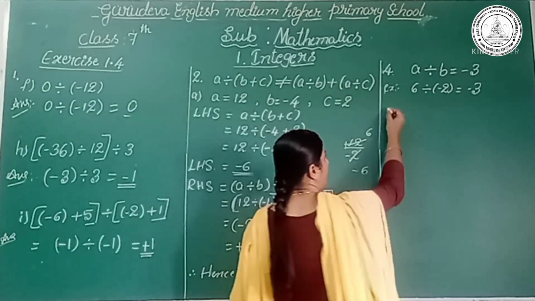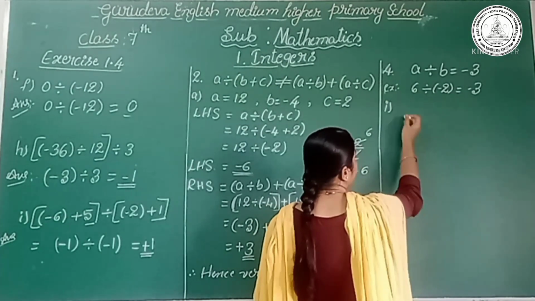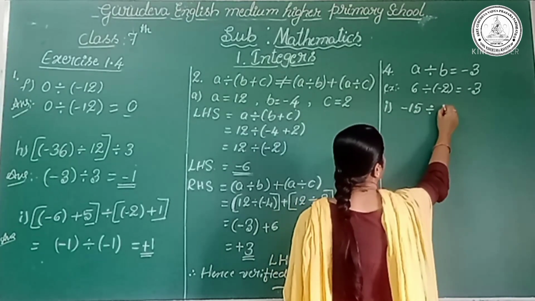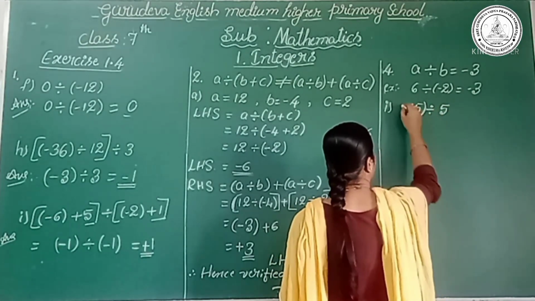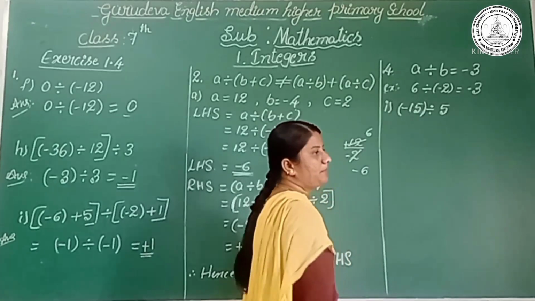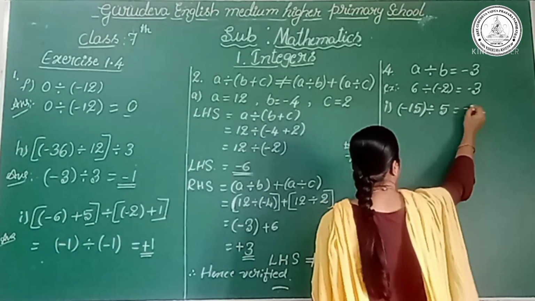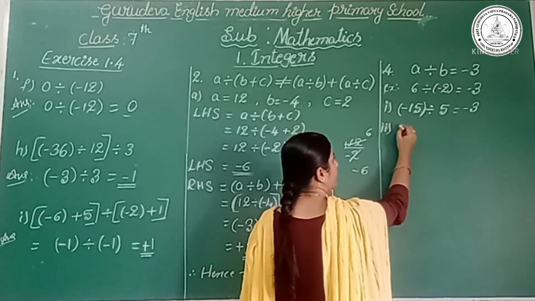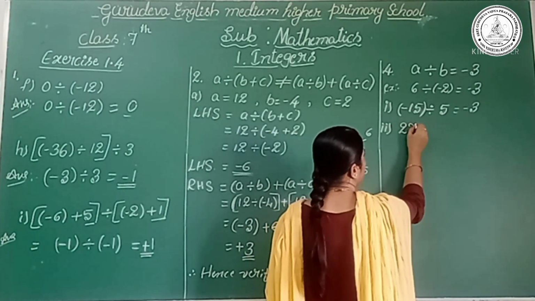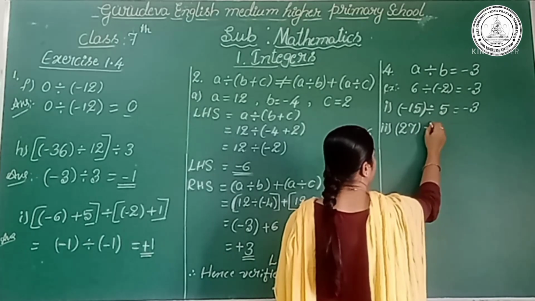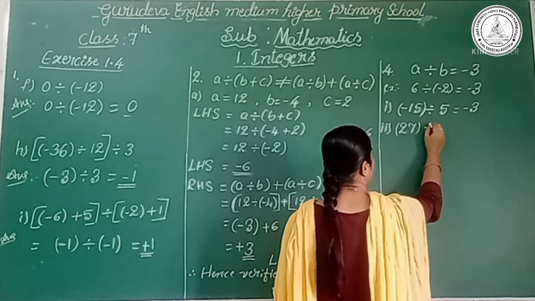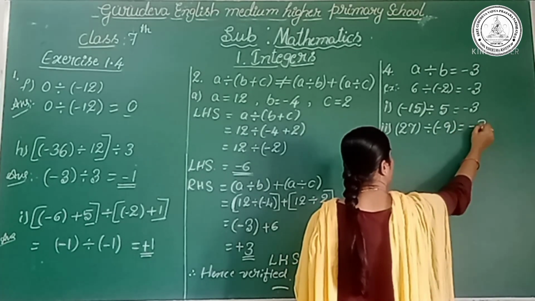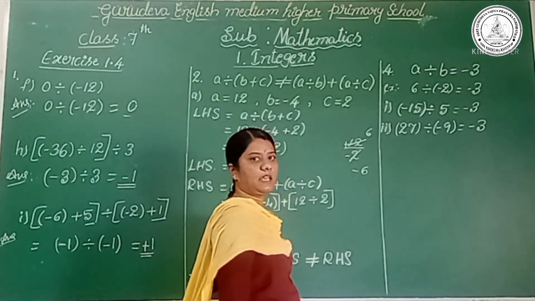Okay. So the first pair, I will take it as minus 15 divided by 5. So minus 15 divided by 5 is equal to minus 3. Right? It is one of the pairs, and the other pair is 27 divided by minus 9, which is equal to minus 3.